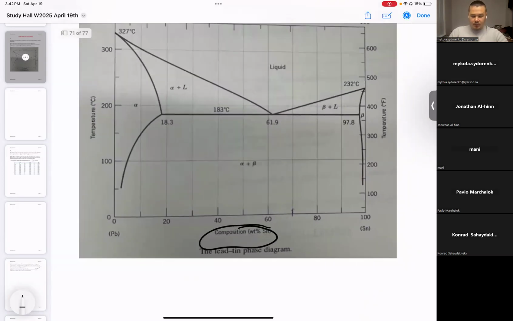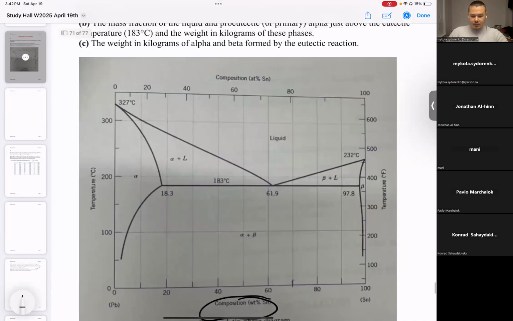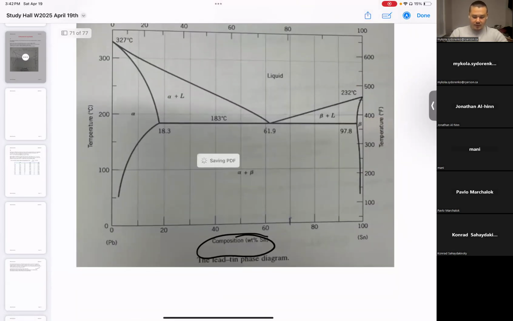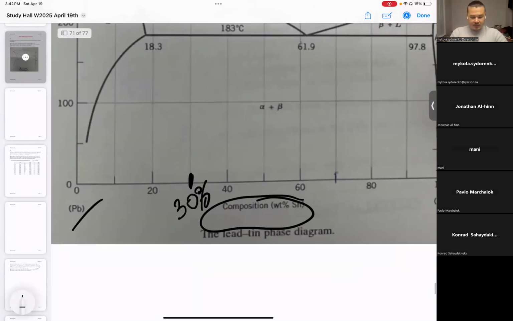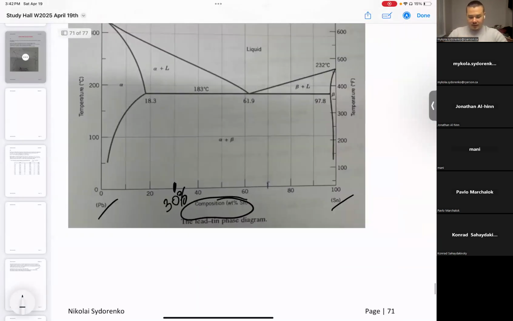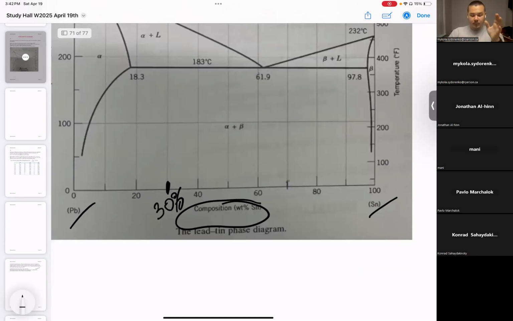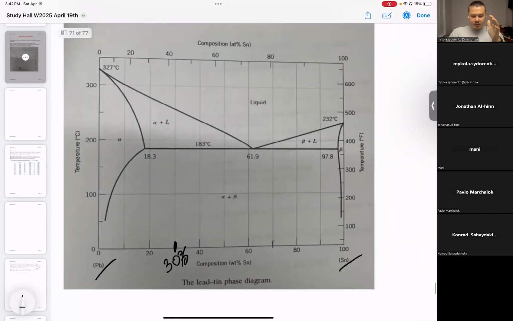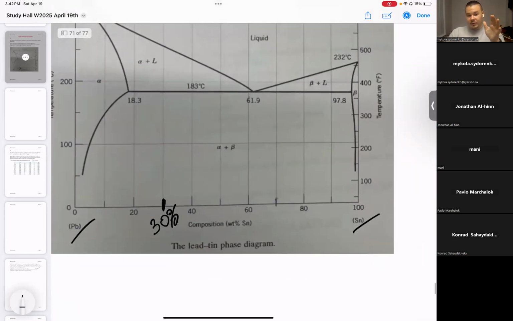So in our case, we have a composition of tin of 30%. So we actually need to orient ourselves right here. It's a 30% of tin and 70% of lead. Even though it says lead here on the left and tin here, you got to take a look at what composition the table represents on the x-axis. For example, when I was working on this yesterday, I was like, usually it always starts from left.